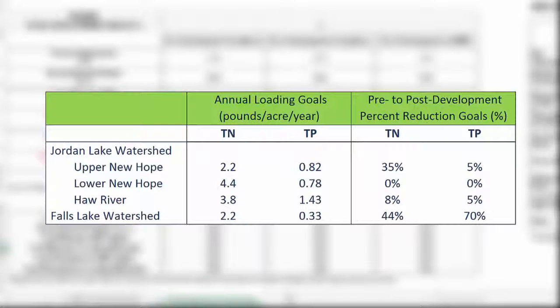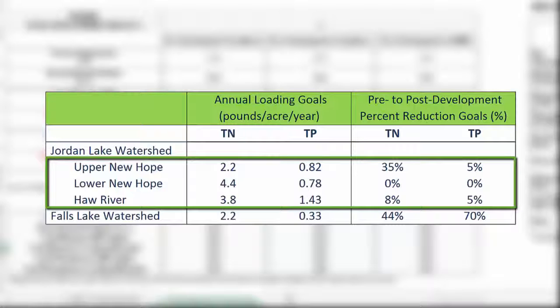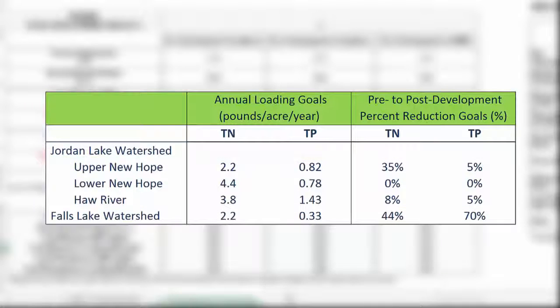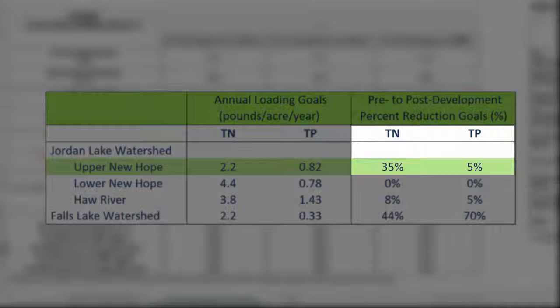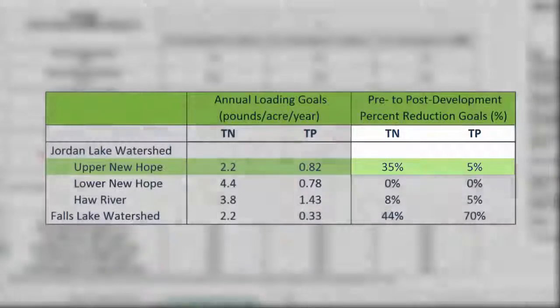If the project is located in the Jordan Lake watershed, nitrogen and phosphorus reductions are distinguished by subbasin as shown here. For example, if the new project is located in the Upper New Hope subwatershed of the Jordan Lake watershed, to achieve the nutrient reduction targets on that project, the post-development condition with BMPs must achieve at least a 35% reduction in total nitrogen and a 5% reduction in total phosphorus compared to the pre-development condition.